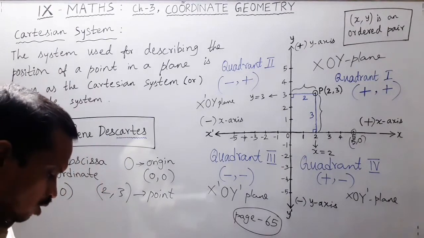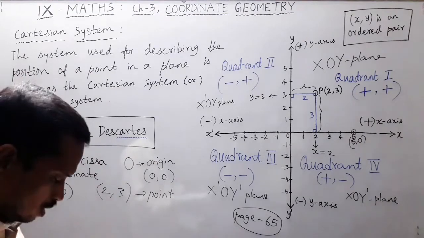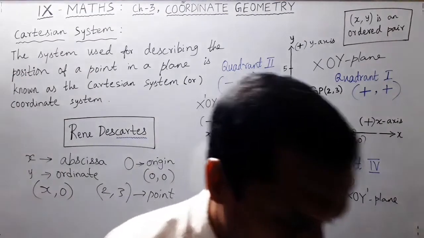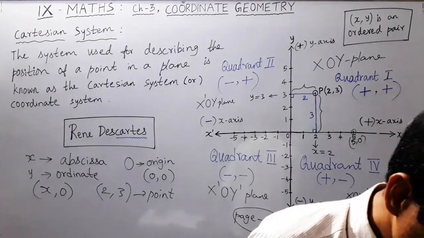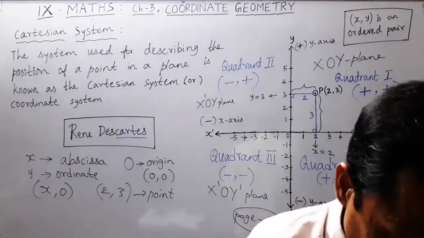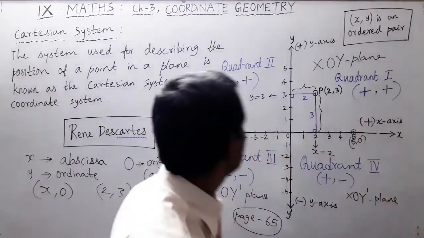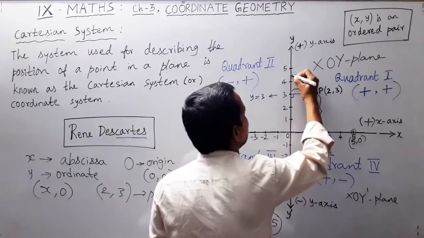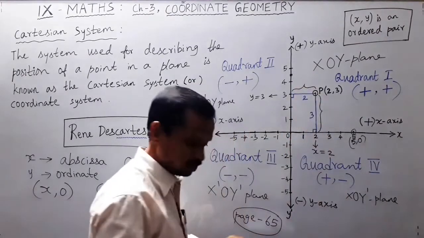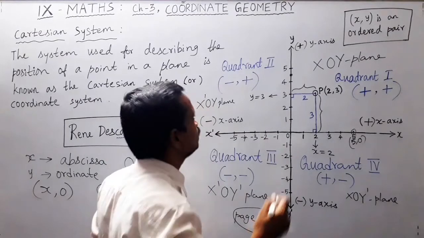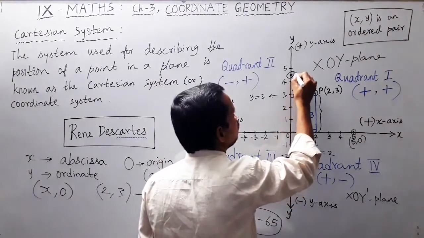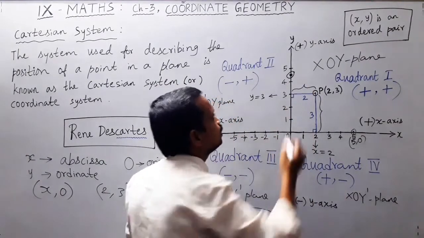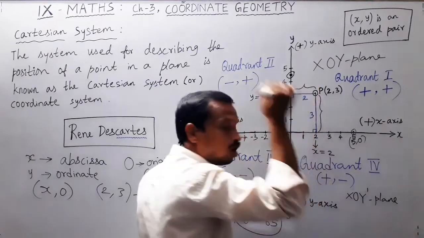And that of a point on the y-axis is (0, y). So (0, y) means x is 0, but y is any value. For example, if the point is here, you see, here the point is on the y-axis.